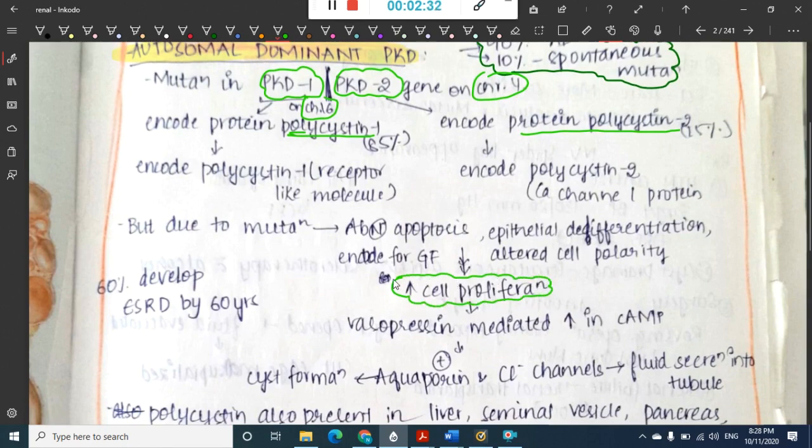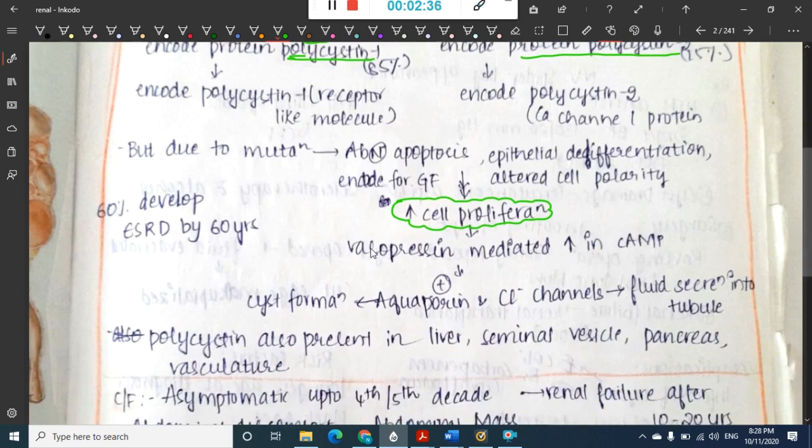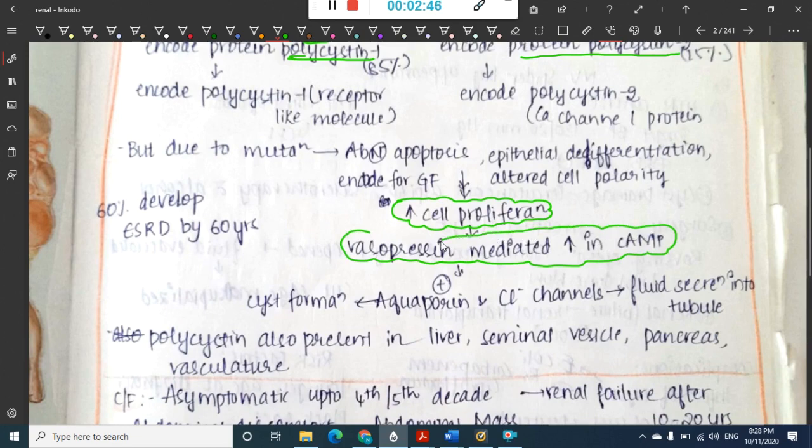This increased cell proliferation will produce vasopressin. This vasopressin causes an increase in cyclic AMP. The increase in cyclic AMP leads to the activation of aquaporin and chloride channels. These aquaporin and chloride channels cause cyst formation.